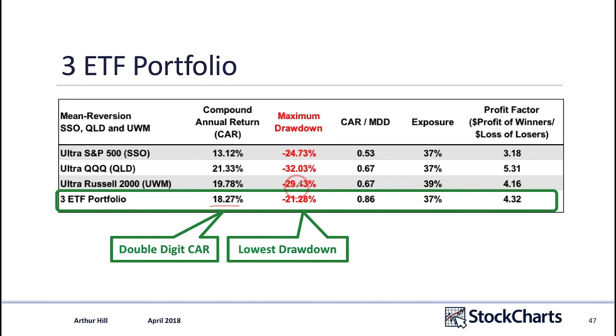It's the lowest. So we got our return staying fairly high, and we just really took a lot off the drawdown. And as a result, you can see the CAR is 86% of the maximum drawdown. So our annual return is almost equal to the maximum drawdown. And that is the power of the portfolio. Just a little bit of diversification can really go a long way to reducing your drawdowns.